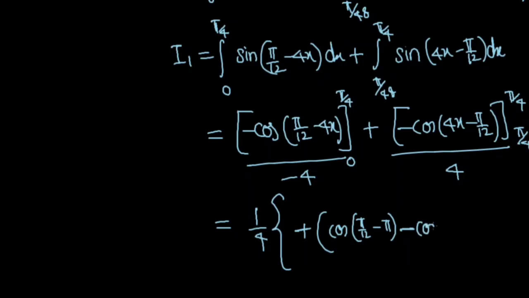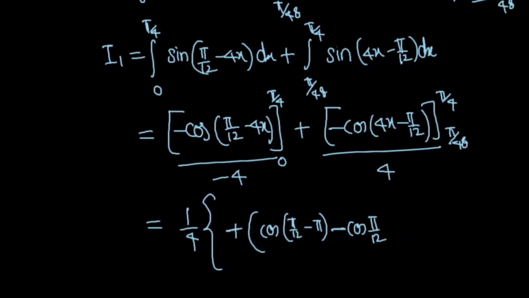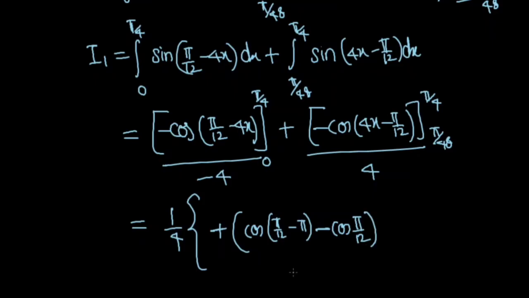So cos of pi by 12 for the lower limit, divided by 4 already there, minus plus I'll get. Upper limit pi by 4, so 4 cancels: pi by 12 minus pi, minus lower limit 0, substituted in place of x gives cos of pi by 12. Upper limit minus lower limit, next, minus is there, plus into minus is minus, bracket open.